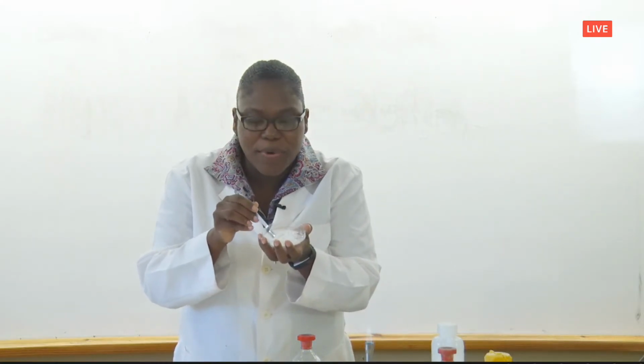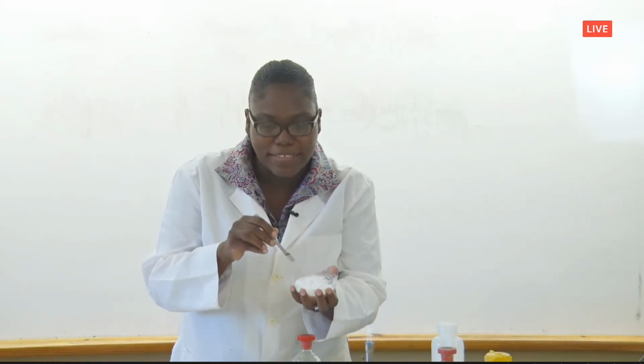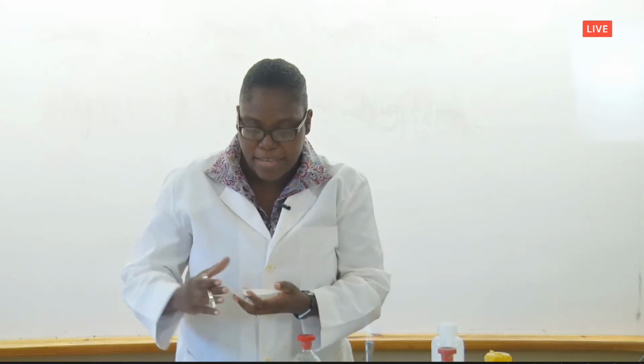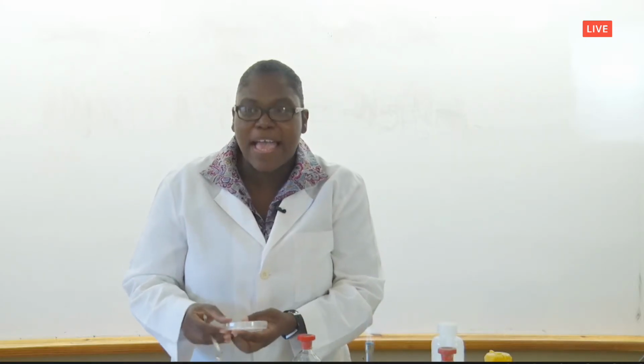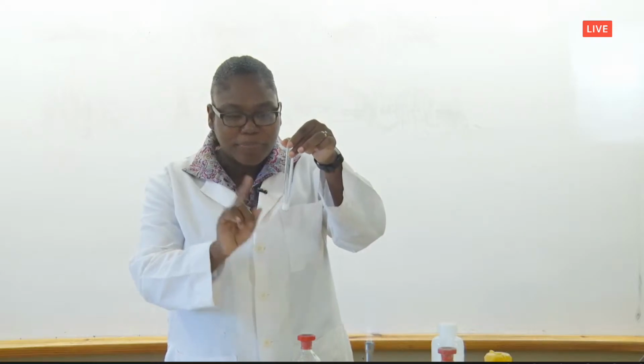Just a nice white powder. Okay? Good. So we're going to add a carbonate and the acid together. So I have already placed some in my test tube. And let's now add some acid to it.